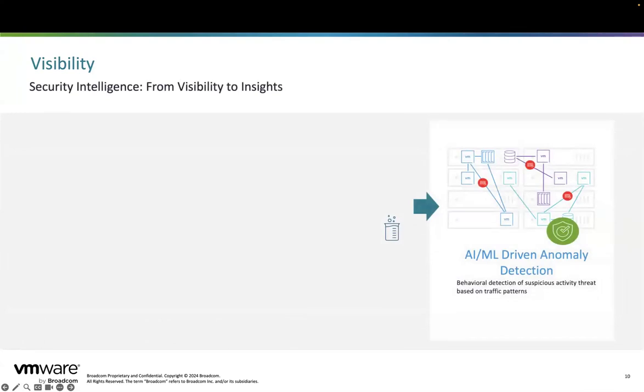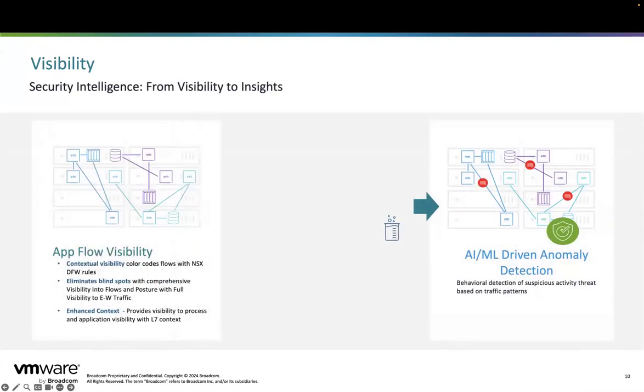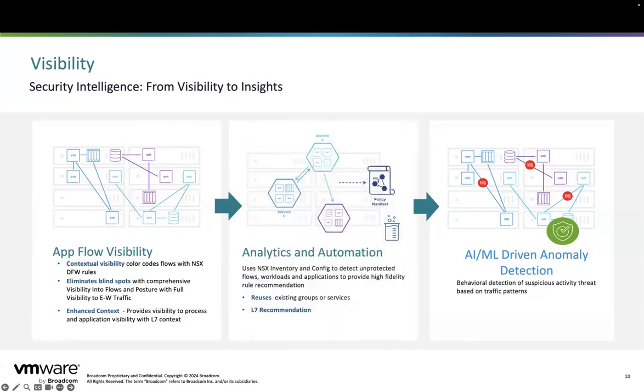So security intelligence, the visibility that we get, and you guys saw this when you went through the specific modules, but application flow visibility with rich context, eliminating blind spots, analytics and automation, so using the inventory and config to detect unprotected flows, workloads, and applications to get really good, high fidelity, efficient, best practice driven rule recommendations.